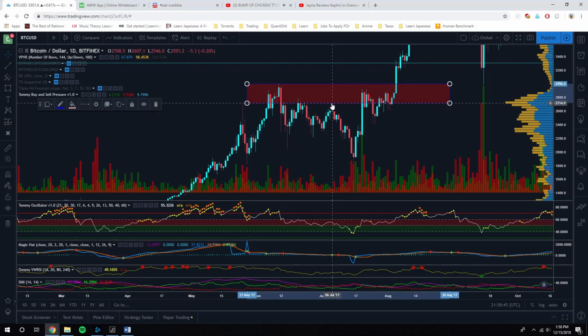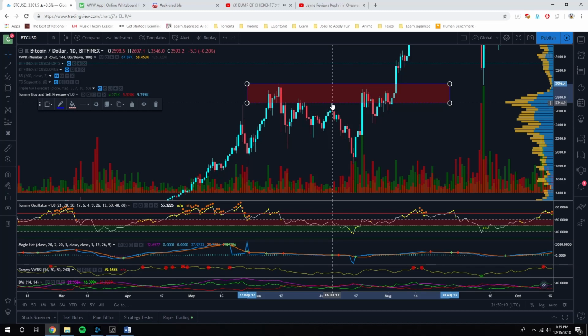And usually by the time it hits this level, you won't really get a good short because a resistance order block is a bunch of supply where a bunch of traders are looking to sell. The chances of being able to short this on the third test of the order block is likely not going to give you a good return, a good R&R.